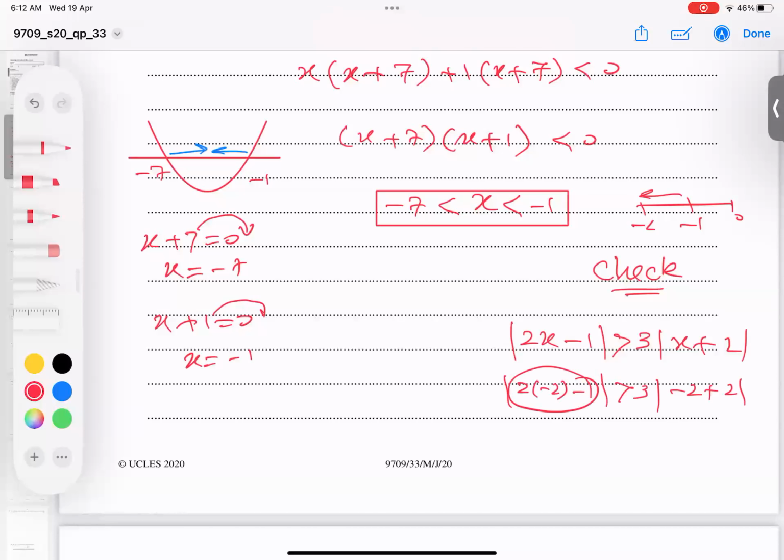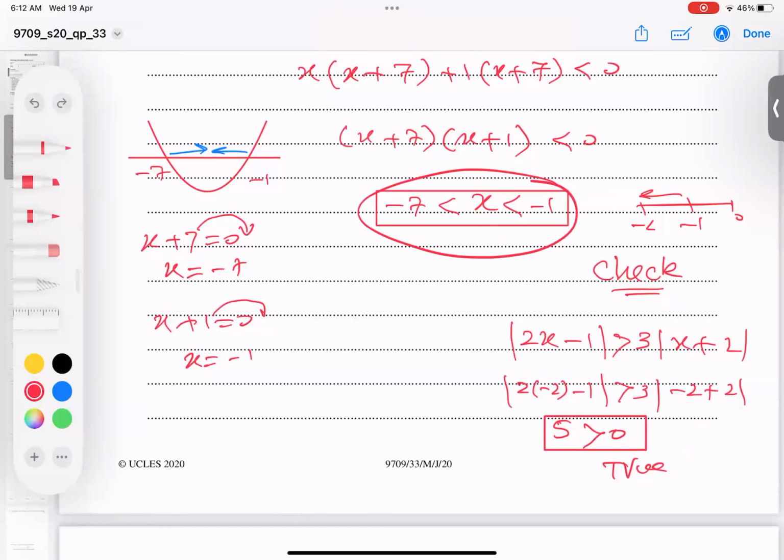I get -5, and modulus of minus becomes +5. 5 is bigger than 0. Look, it's true. It means this answer is correct. In the same way we can check this also. Maybe sometimes both answers are correct, sometimes one correct and one wrong; whichever is wrong, you leave it. But now I think both are true, and we can get the answer easily.